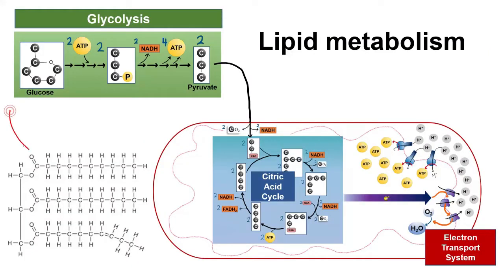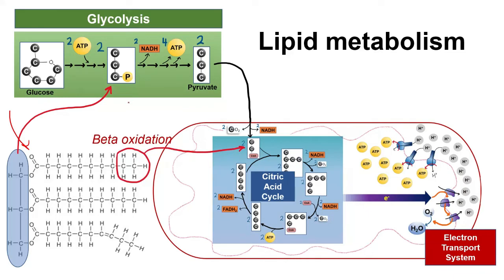For lipids, let's use this triglyceride as an example. It's a big molecule, and we know it has a lot of energy. So that part of it, the glycerol portion, can be fed kind of partway through glycolysis. It's a 3-carbon molecule, so that kind of makes sense. The rest of it, which is the biggest part, gets chopped up into these 2-carbon pieces and fed in as acetyl-CoA, this important molecule right here that enters the citric acid cycle at the beginning.